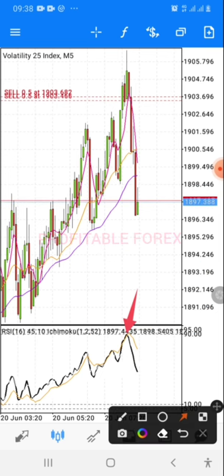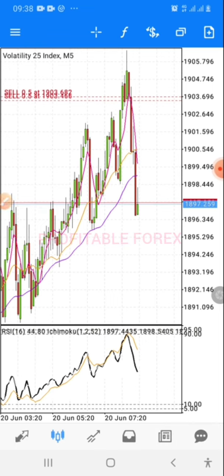That is the overbought level. So once it hits that level, it means it's going to go bearish, it's going to sell. That is one of the factors I looked out for before taking this trade.